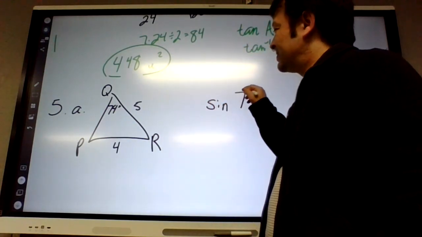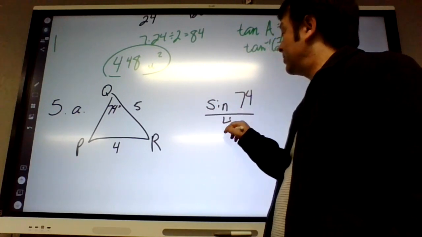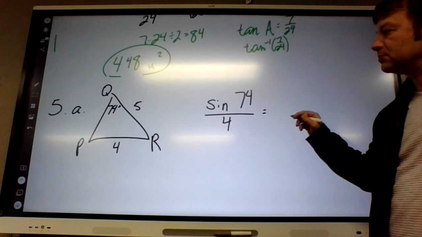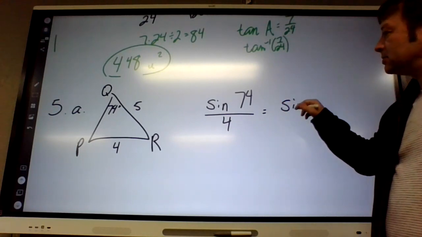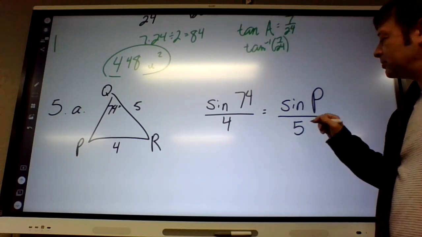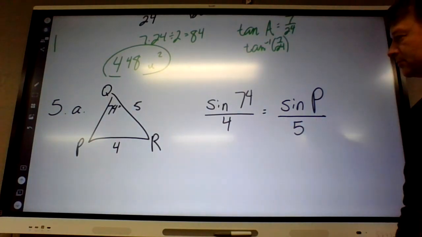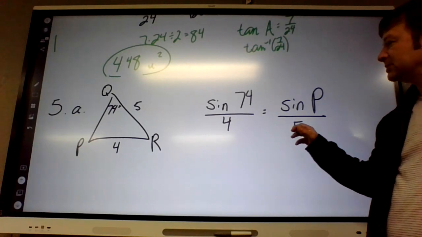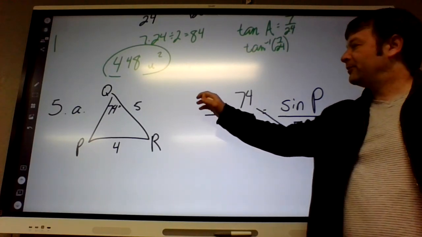So it's sine of 74 over 4 equals what? Which one are we looking for? Sine of P over 5. Okay, then how would I solve this for P? Multiply by 5.